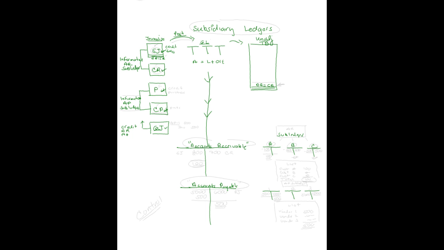Let's assume in your sales journal you have 3 sales listed in chronological order. The first sale is to customer A for $100. The second sale was to customer B for $200, and the third sale was to customer C for $500. And that was all the sales you had for the month.